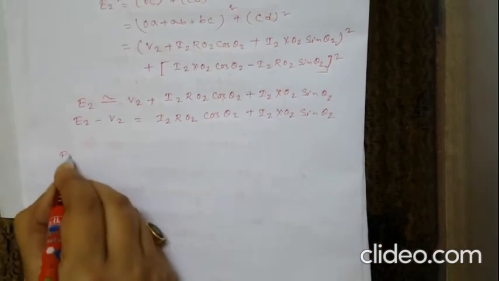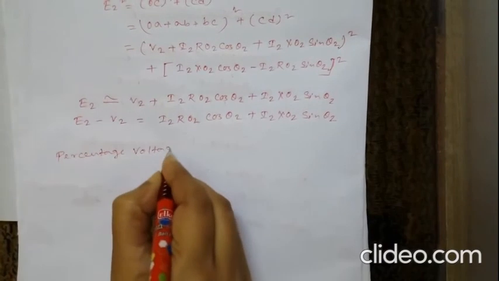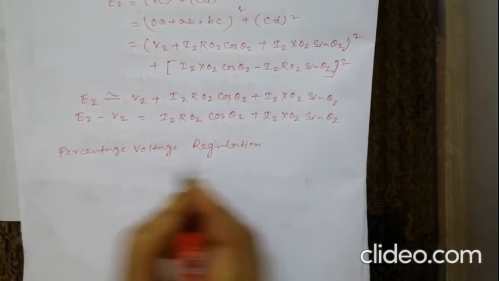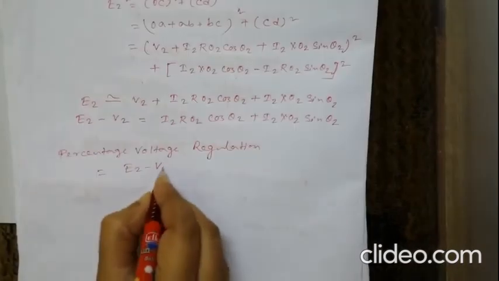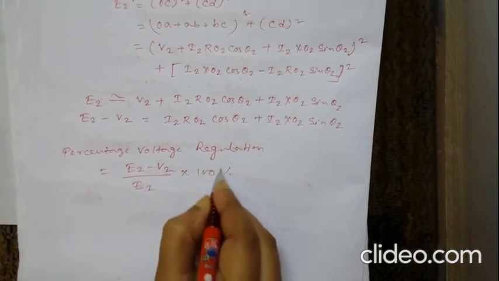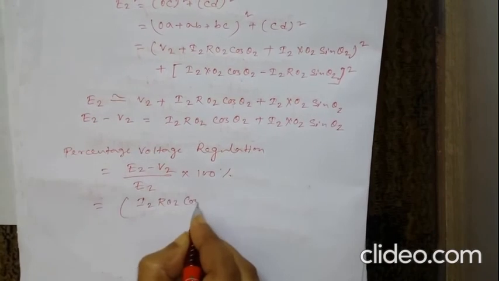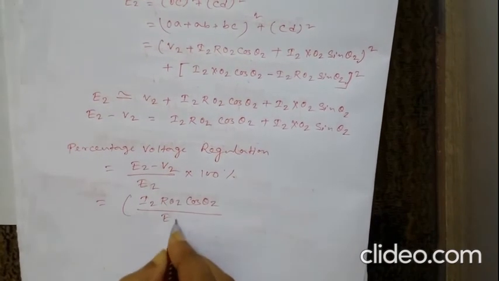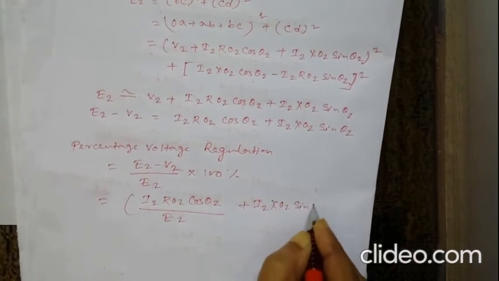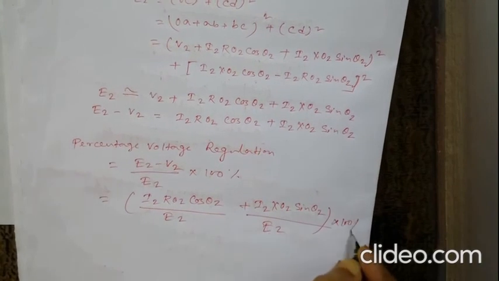So percentage voltage regulation is equal to (E2 minus V2) by E2 into 100. So you can write I2 R02 cos theta 2 by E2 plus I2 X02 sin theta 2 by E2, into 100 percent.